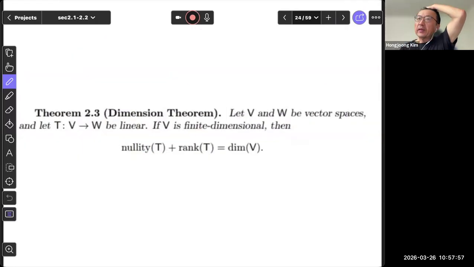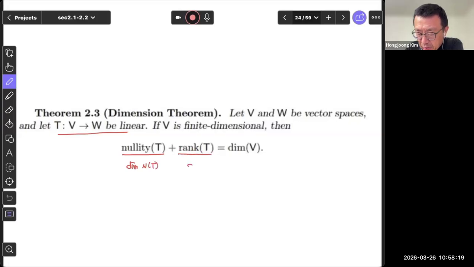Now, we have a very important theorem. Given this linear mapping from V to W, if I add the dimension of the null space with the dimension of the range, you get the dimension of what is V?